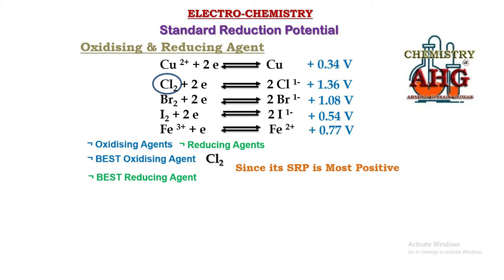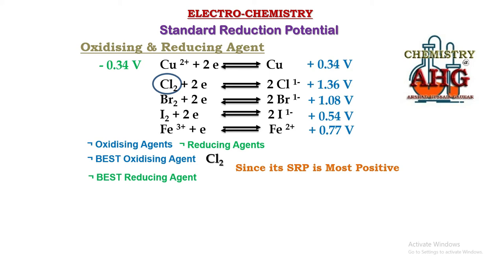In the backward direction, when copper undergoes oxidation, its standard reduction potential value will become standard oxidation potential. So the numerical value, the magnitude, would remain the same, but the sign will be reversed. So the standard reduction potential of the copper half cell is positive 0.34 volt, but the standard oxidation potential of the copper half cell is negative 0.34 volt.